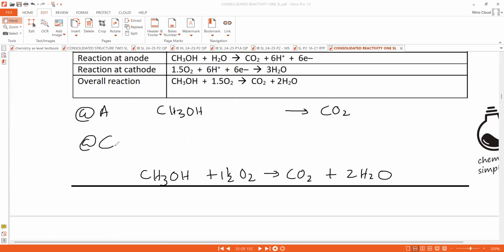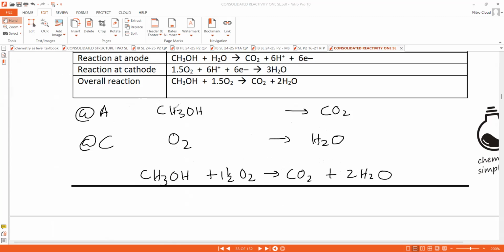In the reduction, oxygen becomes water. Remember that the substance that is burning is getting oxidized to form carbon dioxide, and oxygen is getting reduced to form water. So these are the two half equations. Here, oxygen becoming water.